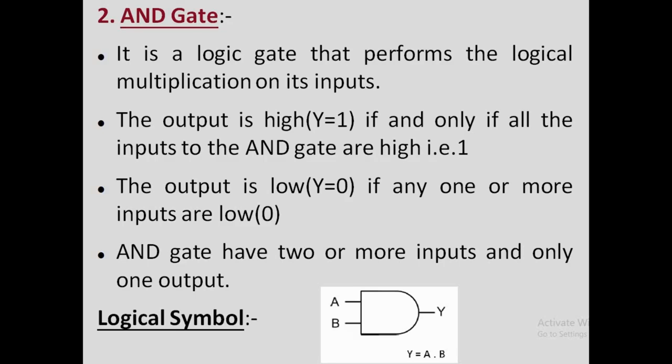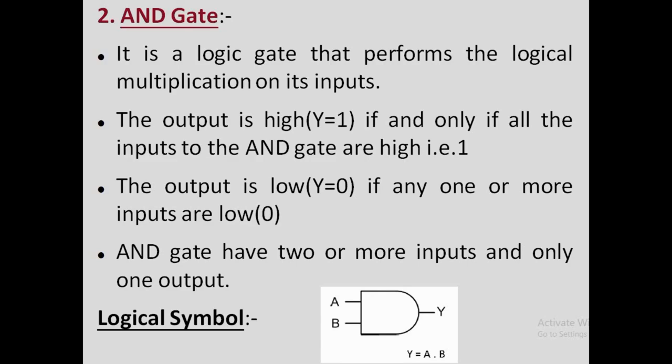The second gate is the AND gate. It is a logic gate that performs logical multiplication on its inputs. The output is high if and only if all the inputs to the AND gate are high, that means 1. The output is low if any one or more inputs are low.